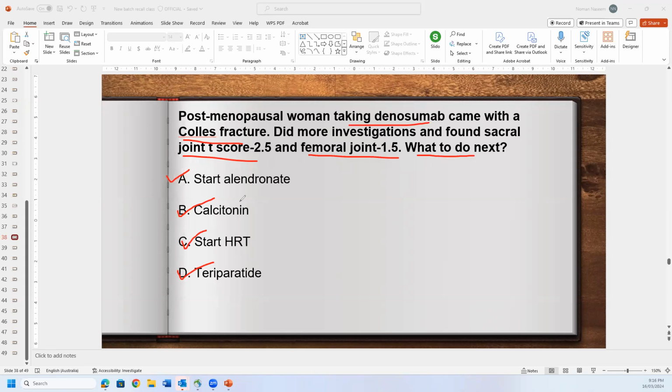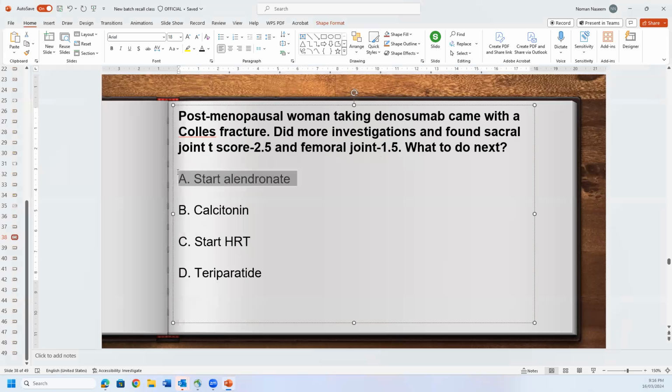It has a protective effect, but it is not for the treatment of osteoporosis. You can't treat osteoporosis with that. The treatment of osteoporosis is bisphosphonates. So the patient was on monoclonal antibody treatment, denosumab, and was not getting any benefit from it. So we'll start the patient on a bisphosphonate because the T-score is indicative of osteoporosis.